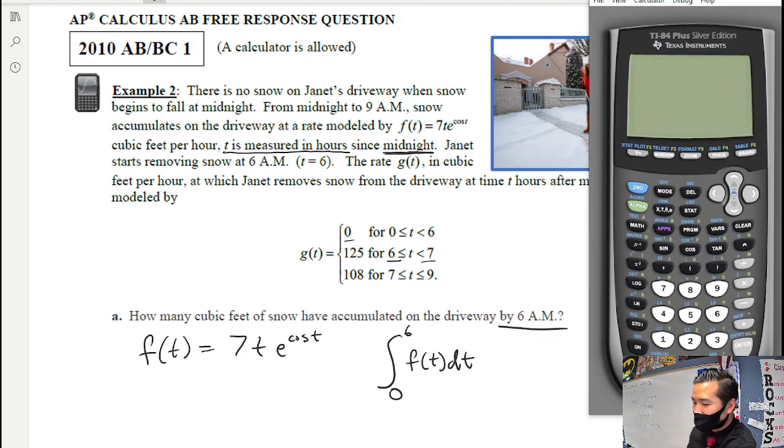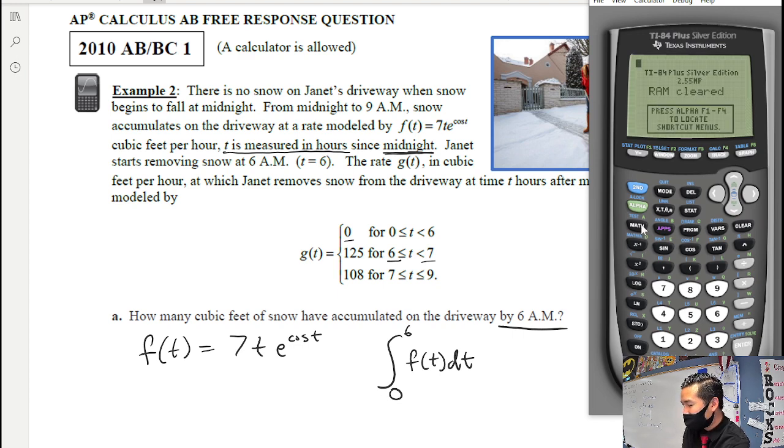So let's finish this off with this part right here. I'm going to plug this in. How do you do the integral on a calculator? Math 9. Good. This is going to go from 0 to 6. What's the function that we're dealing with? 7t. In this case, it'll be x. What else? E. Do you guys remember how to get to the E button?